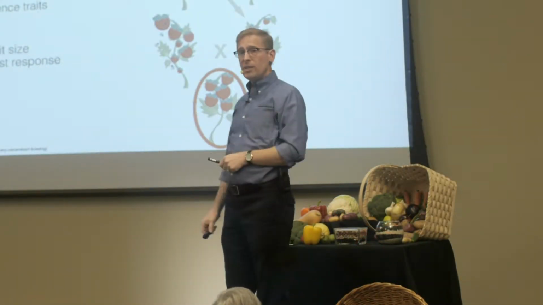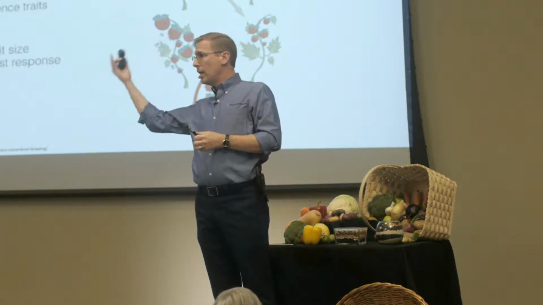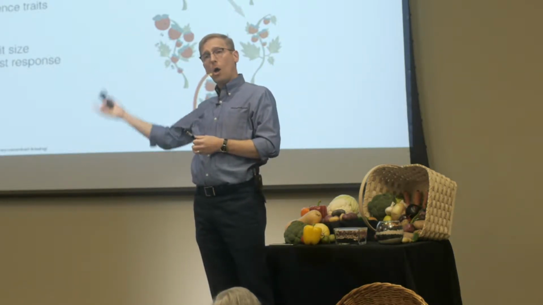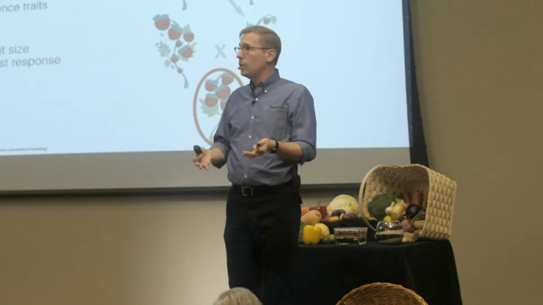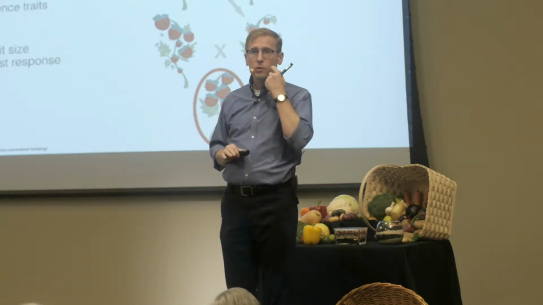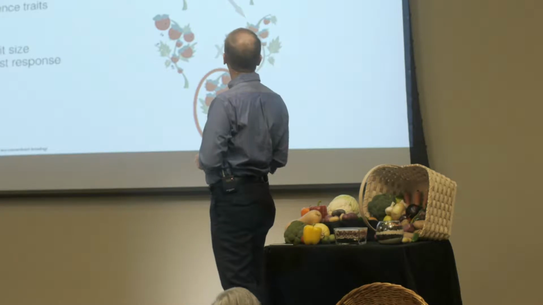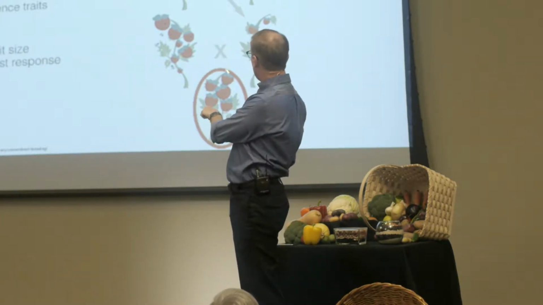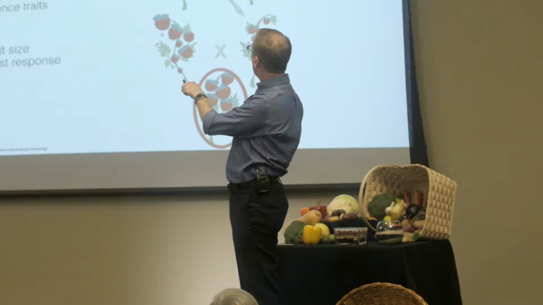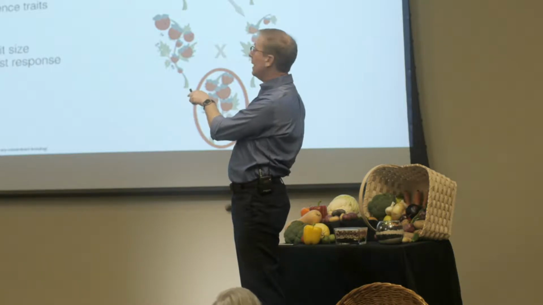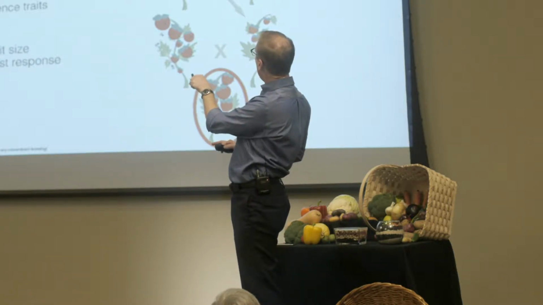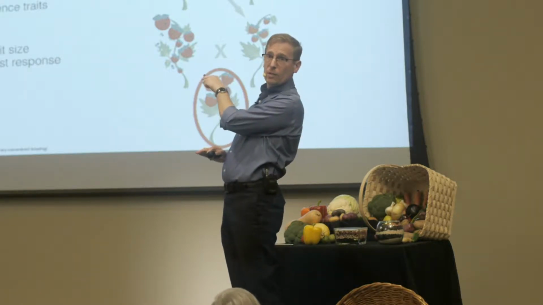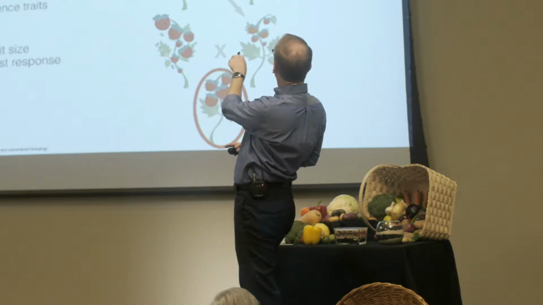And here, just for simplicity's sake, I've shown the genetic information from my elite variety all in black, and the genetic alleles from my donor all in white, just to make it easy for us to follow. Now here's the key. I want this plant to have all of the traits, all of the black alleles, except right here at pest response, because this plant does not resist pests, and this plant does.